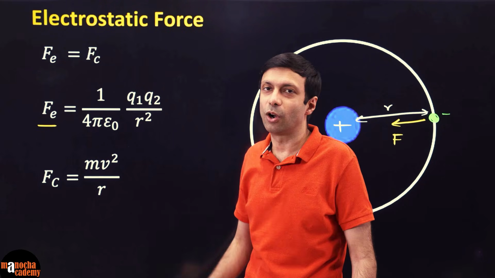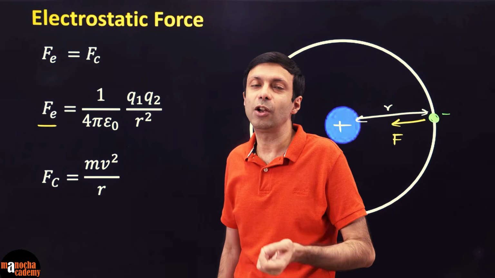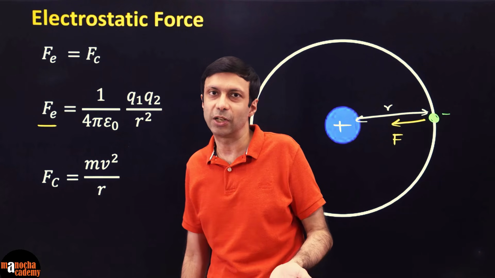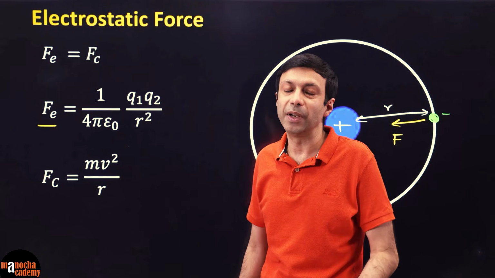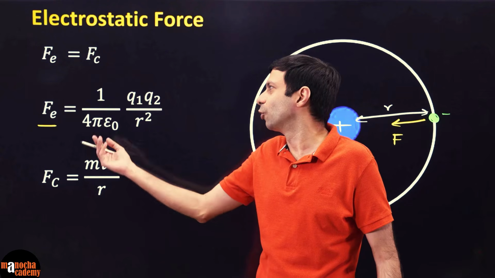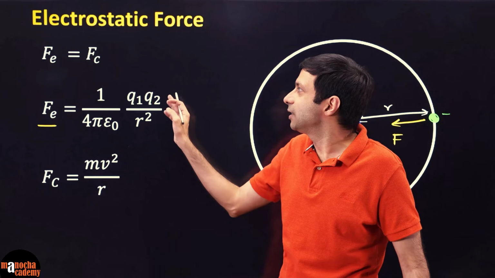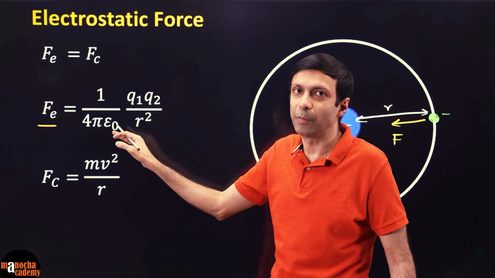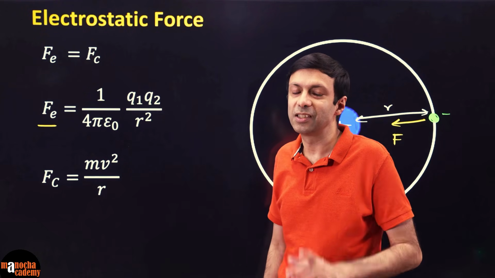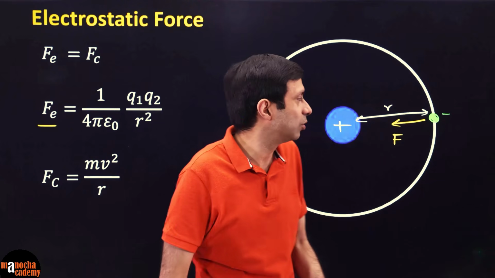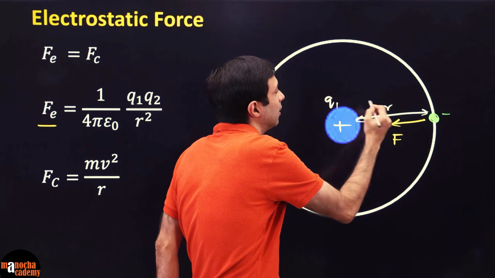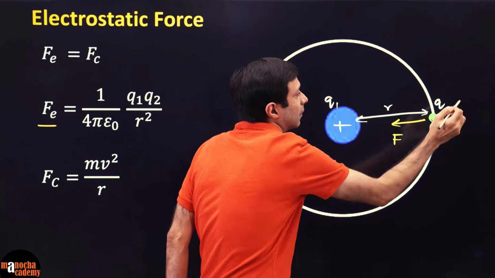And epsilon naught is the permittivity of free space. It is a constant. And then of course you have your pi, 22 by 7 approximately. So this is the electrostatic force formula between two charged particles, Q1 and Q2. We can say that this is our Q1, this is the Q2.